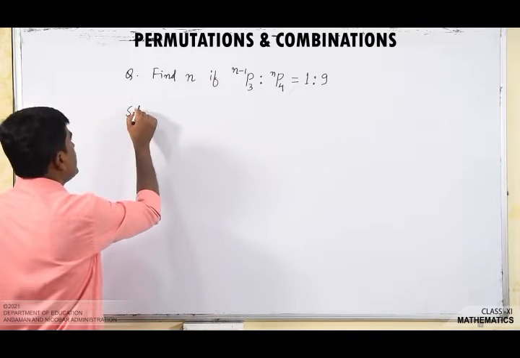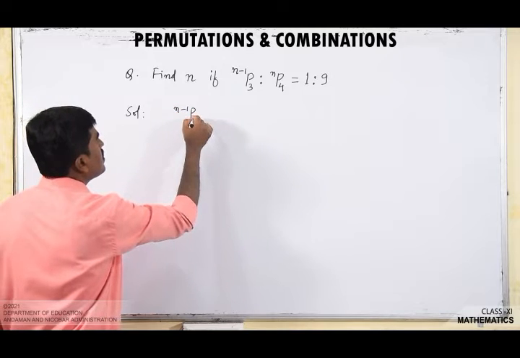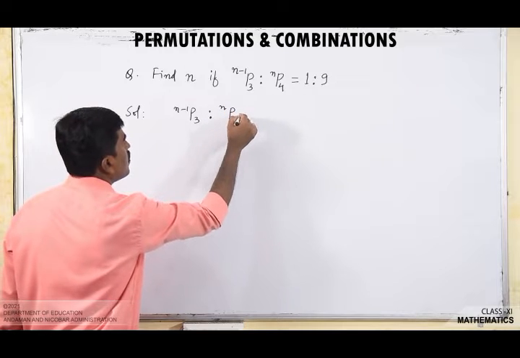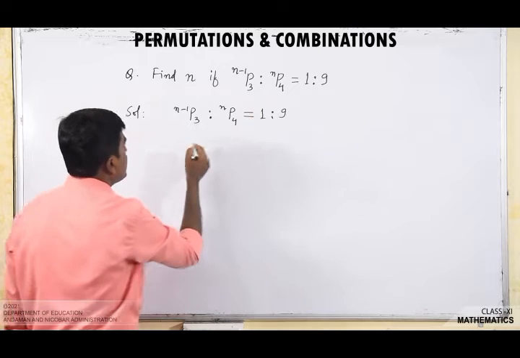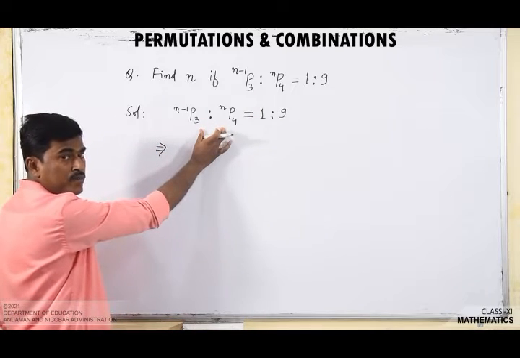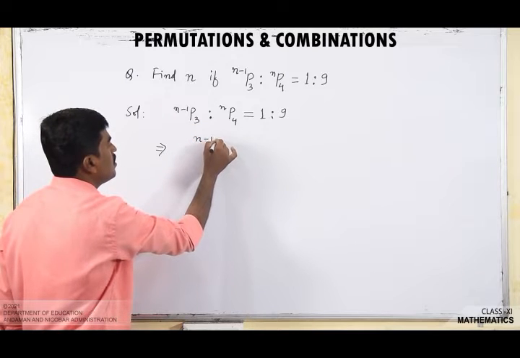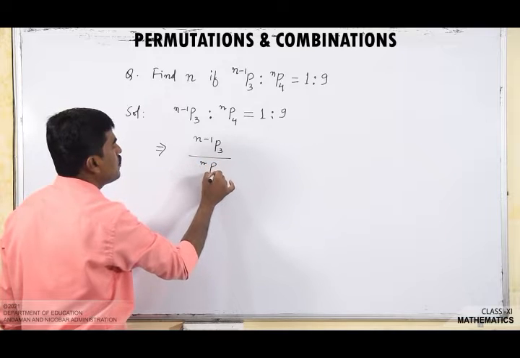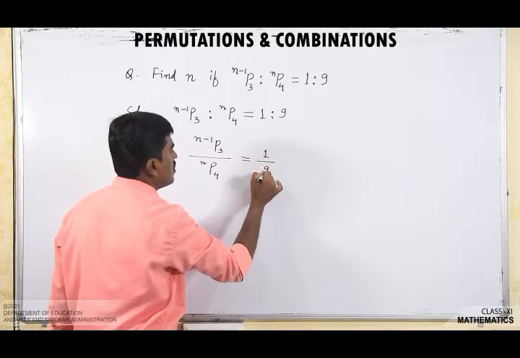So first we will write the given equation, that is (n minus 1)P3 is to nP4 is equal to 1:9. It is given in the form of a ratio, so we write (n minus 1)P3 divided by nP4 is equal to 1/9.